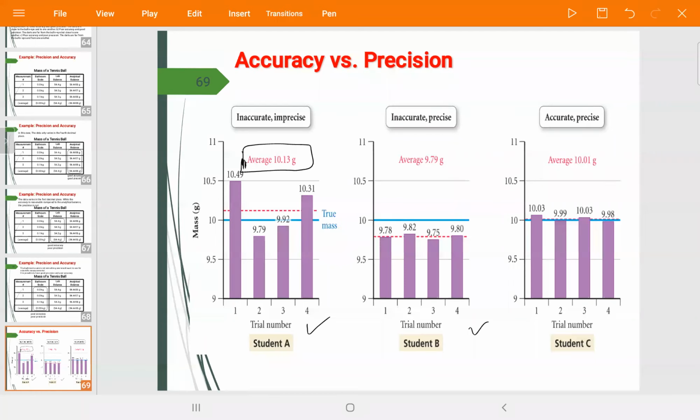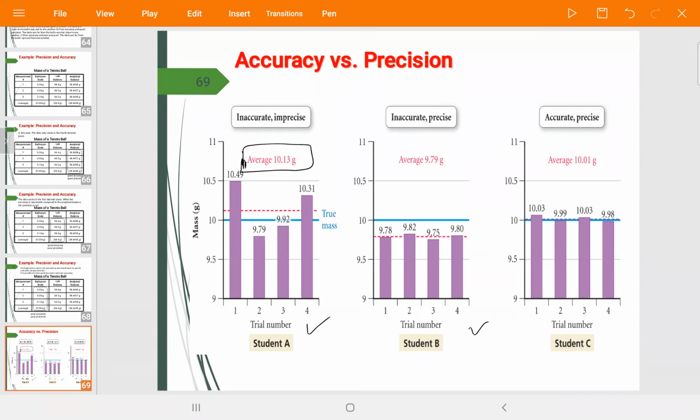Now, student C, as you can see, the average value, remember, is around 10.13. These measured values are accurate as well as precise. Why accurate?